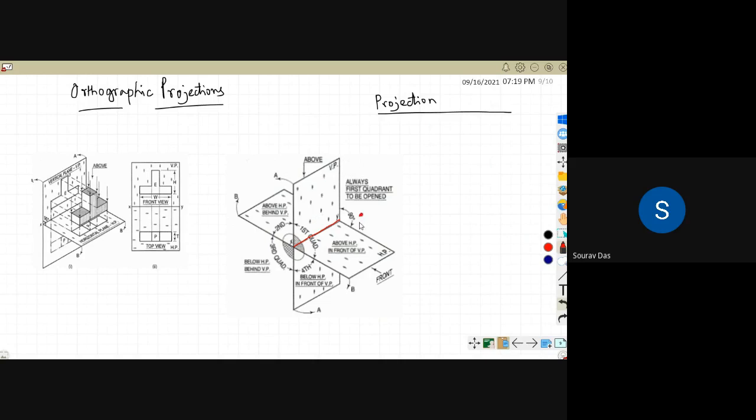That means it is above the horizontal plane and in front of the vertical plane. For this, the front view of that point will be here, and the top view of the point will be here.